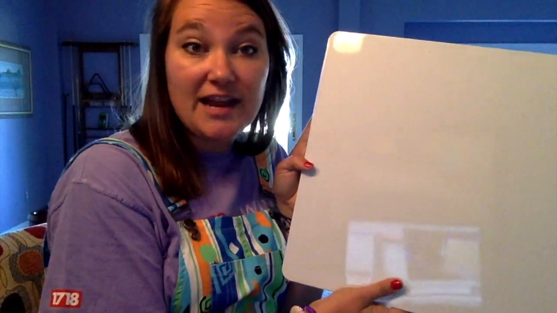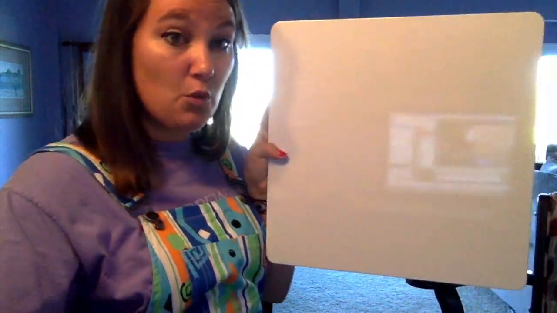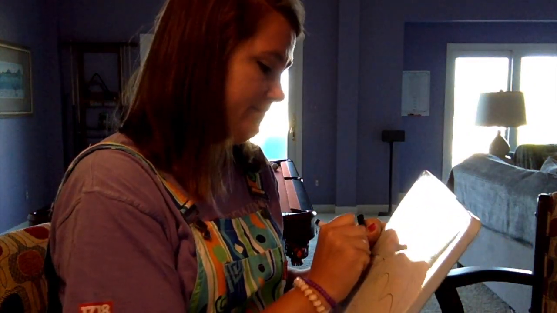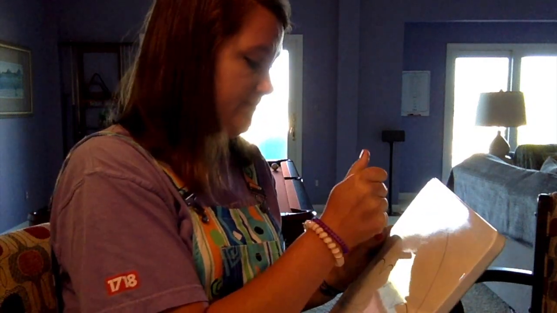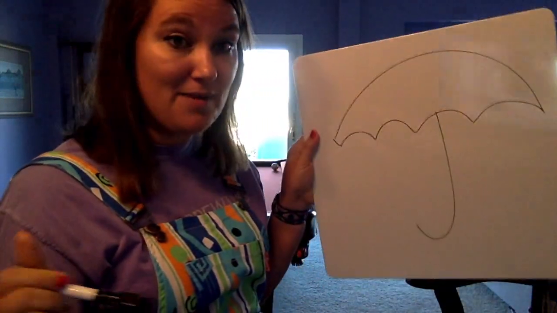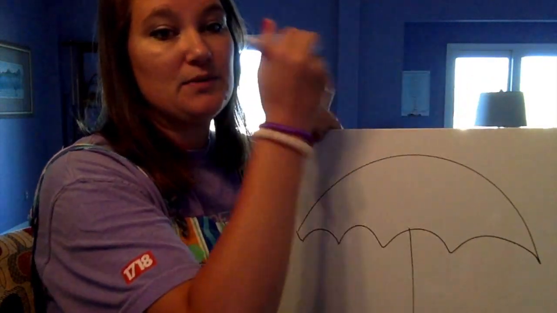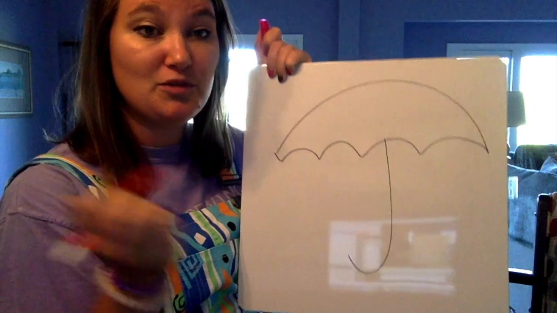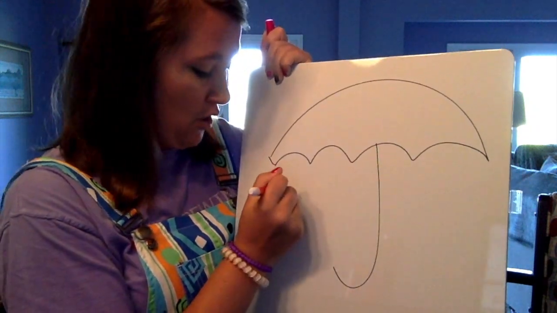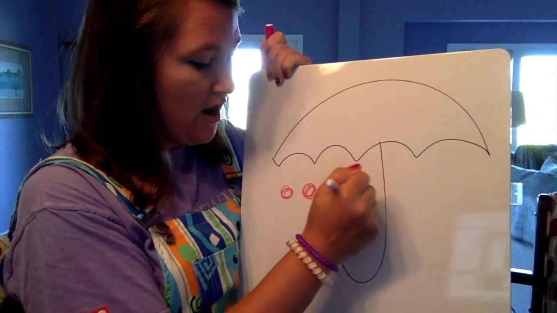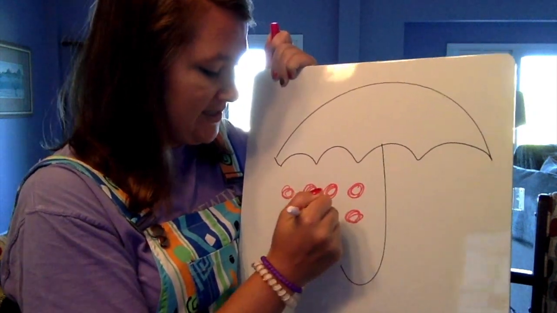So what this looks like for you guys at home is with your blank piece of paper, maybe you take it and you draw an umbrella, if you want to be accurate to the problem. And then I'm going to draw 6 dots, right? Because there were 6 people under the umbrella. I'm going to do the exact same thing. So I'm going to go 1, 2, 3, 4, 5, 6.